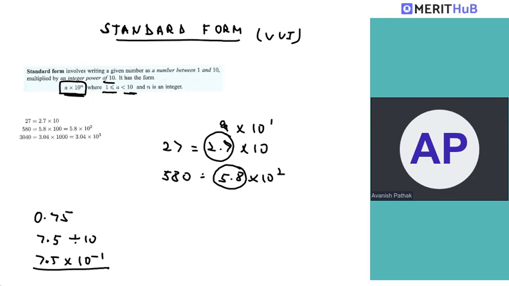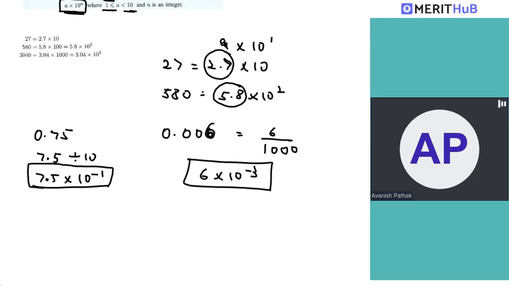So that's the standard form of a decimal number. Similarly, if I have another decimal number, say 0.006, I can write this number as 6 by 1000. That's how we can represent it. So that's 6 into 10 to the power minus 3. That's the standard form that we are looking for in these types of numbers.